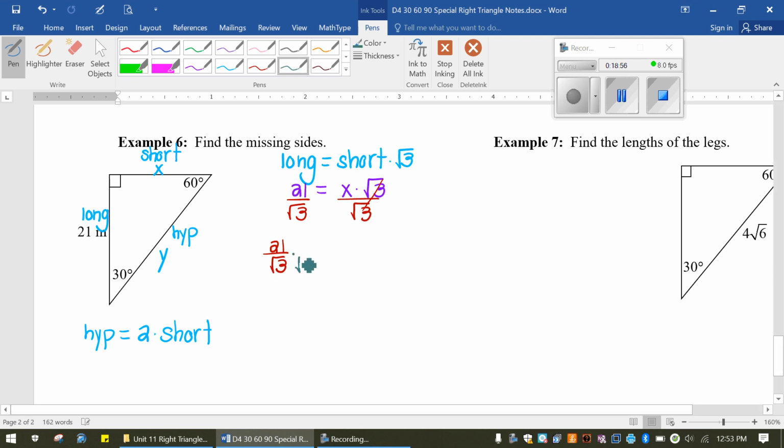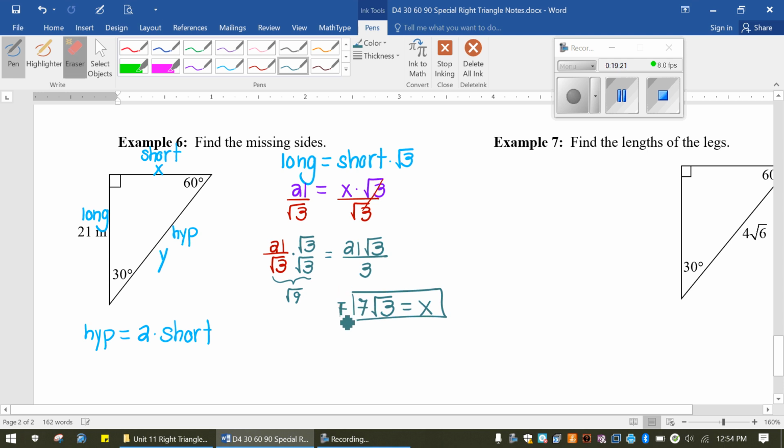Rationalize this. So you multiply by square root of 3. You'll end up with 21 root 3. If you want to do a little shortcut here, this will be square root of 9, which gives you a 3. And then 21 divided by 3 will be 7 root 3 as my short leg.